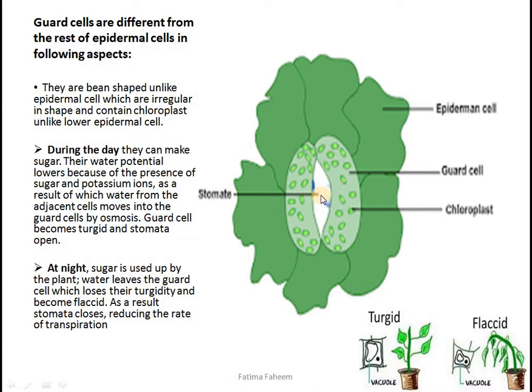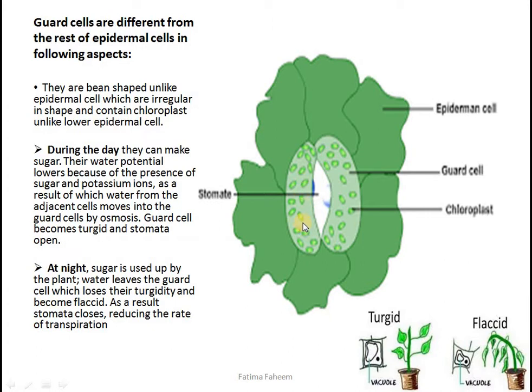So this will happen during the daytime, because during the daytime glucose can be formed by photosynthesis, because photosynthesis happens only when the light is present. So guard cells are able to get turgid only when water potential gets lower, and to lower that you need to provide it with solutes. A lot of solute is needed.